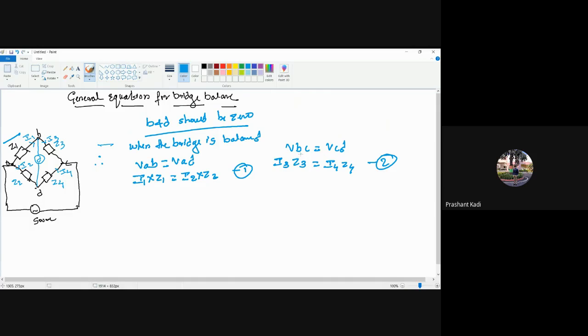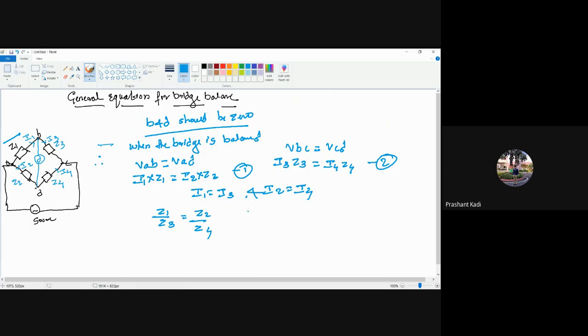From equations 1 and 2, if we divide equation number 1 by 2, we get Z1 by Z3, because when the bridge is balanced, I1 equals I3 and I2 equals I4. So I1 Z1 divided by I3 Z3, and as I1 equals I3, it will be Z1 by Z3 equals Z2 by Z4.